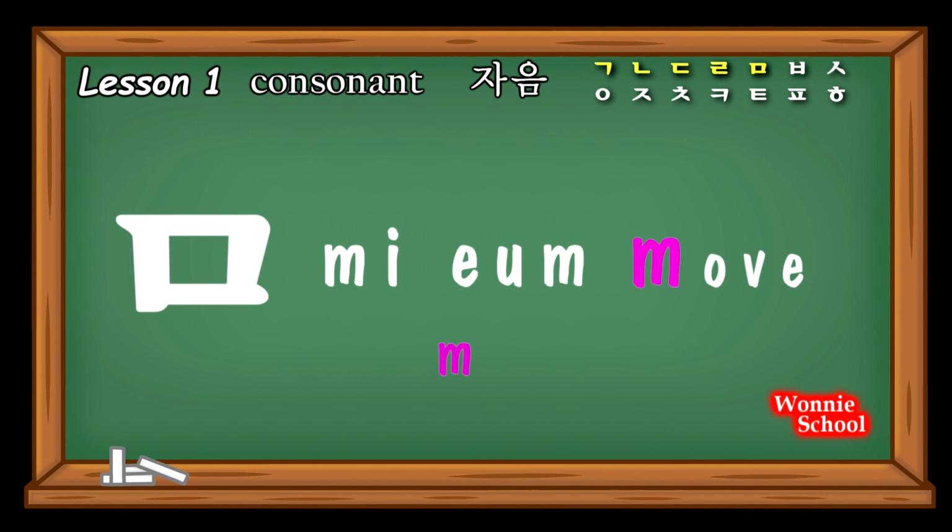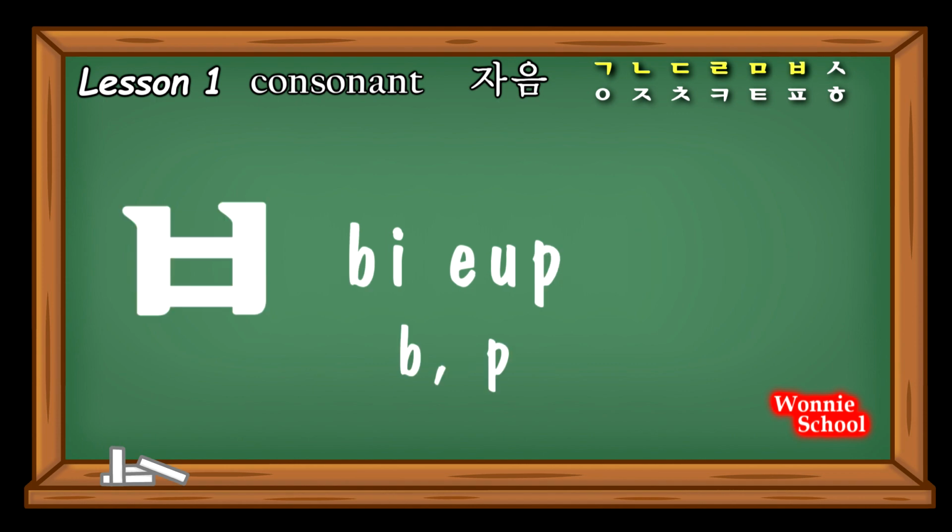And here is the order of writing. 1, 2, 3. Alright, one more time. 1, 2, 3. Great. It's not that hard, right? Let's move on to the next letter.